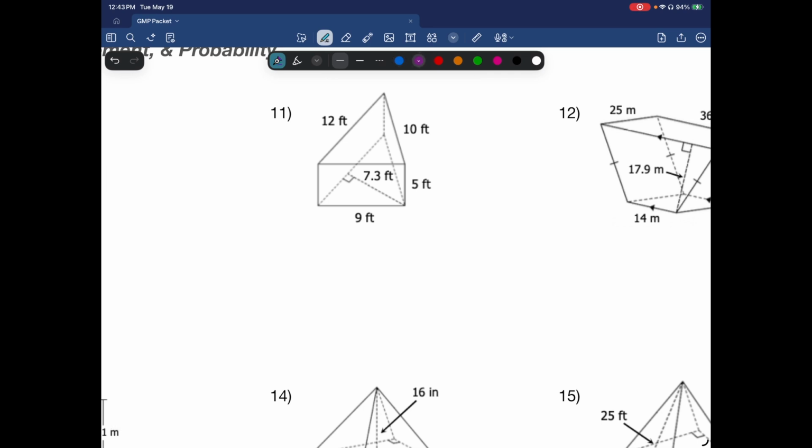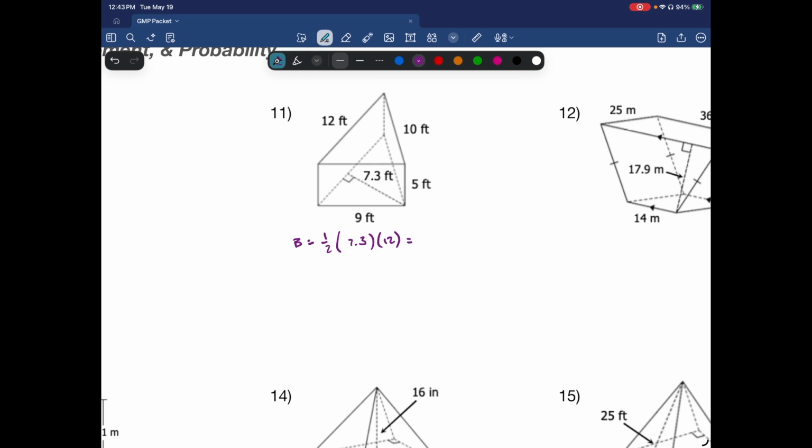All right, and then my base area here is volume. I like to think about it as a face or a shape, in this case a triangle, pushed through space. So I need to find the area of that triangle and then multiply it by the height of the figure, or the depth of the figure. So it's going to be 1/2 times my height, 7.3, times the base, 12.